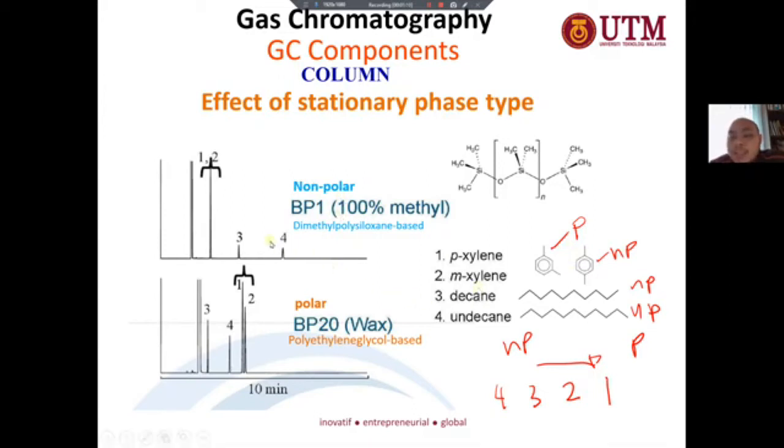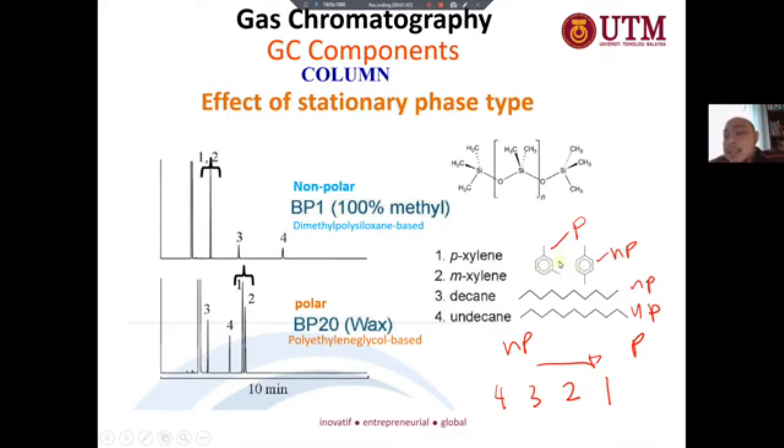Number 4 is the last one to be eluted. Maybe here the column is not that long, so number 1 and number 2 are not separated at all, because they have the same carbon number.